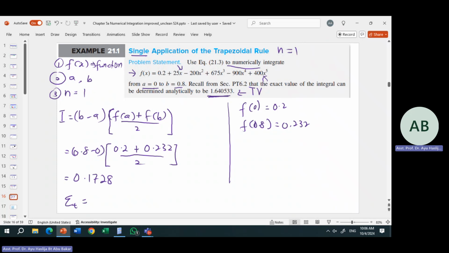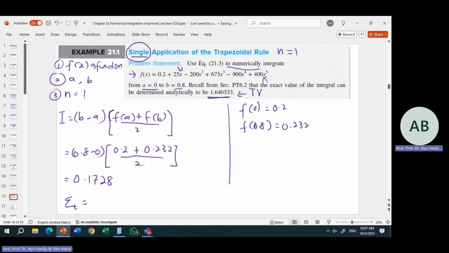Okay, how do I know n equals 1 from this term? Single application. Remember, for single application trapezoid, n equals 1. But single application for Simpson later on is different. Single application for trapezoid means the simplest trapezoid rule.